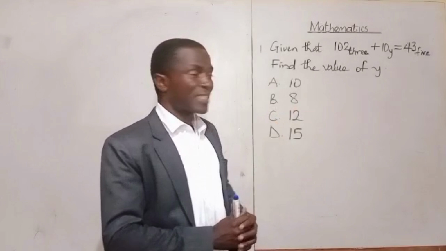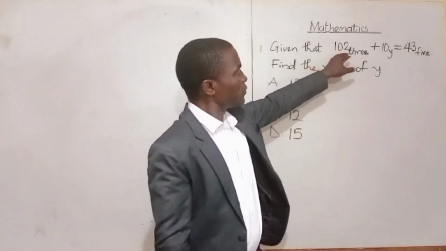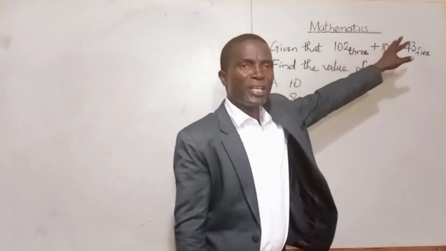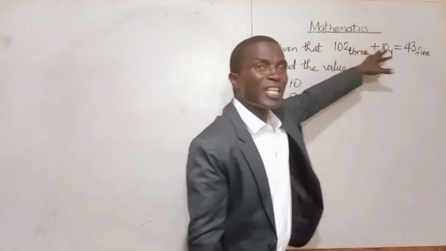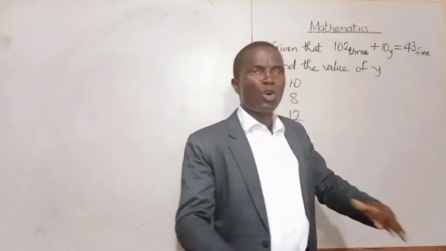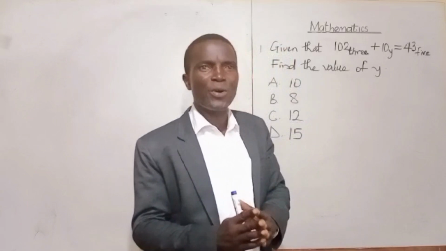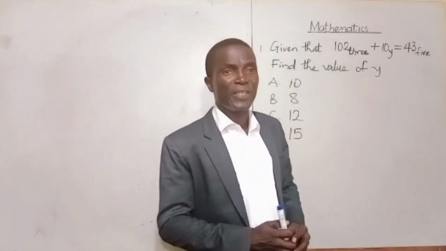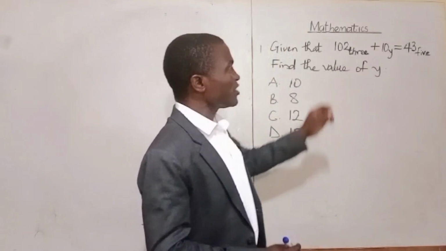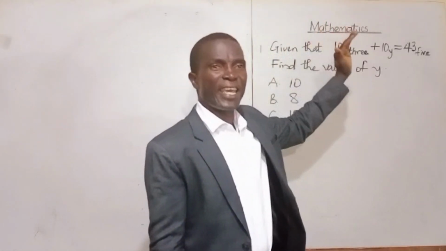So based on that, whenever you are given questions in number base, different bases mean different languages. So you have to convert first and foremost to a common language, a general language that everybody understands. And that general language is base 10.